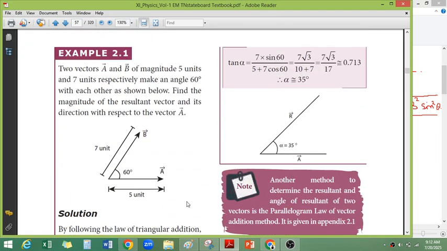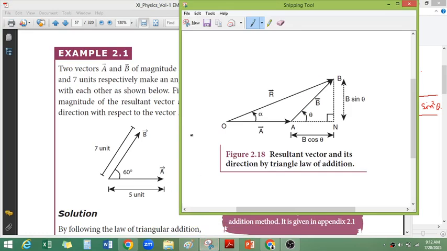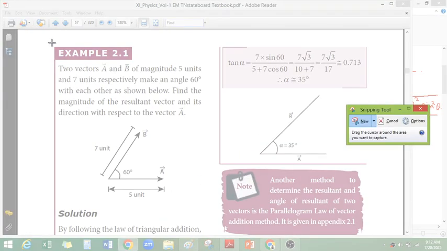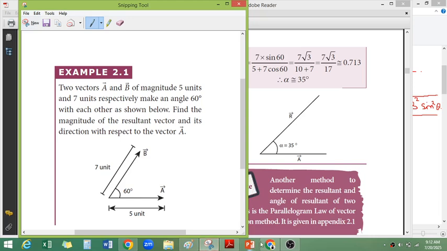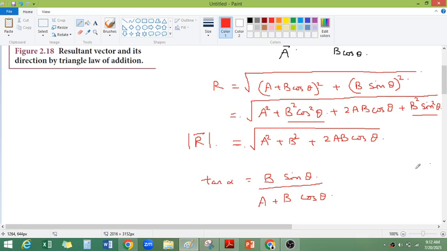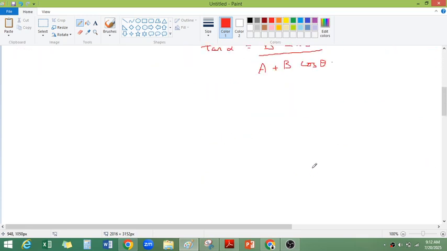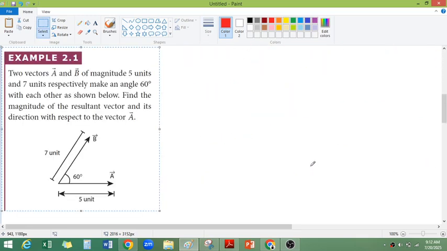Let's try some example here. Let's see if you are able to grasp the idea. Two vectors A and B of magnitude 5 unit and 7 unit respectively make an angle 60 degree with each other.